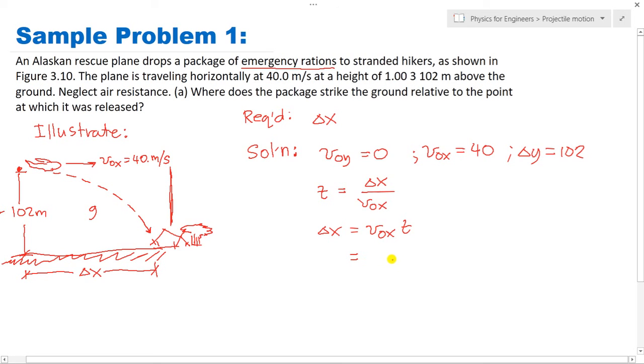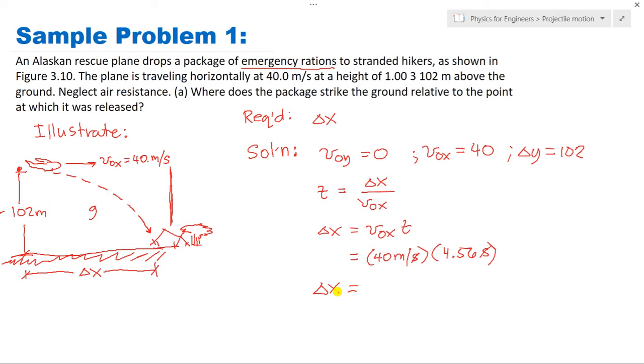Then we all know v0x is 40 meters per second, multiplied by our time, which is approximately 4.56 seconds. Therefore makancel yung second dito. What's left is meters, so correct tayo. Our displacement is in meters. So 40 times 4.56, we have 182.4.